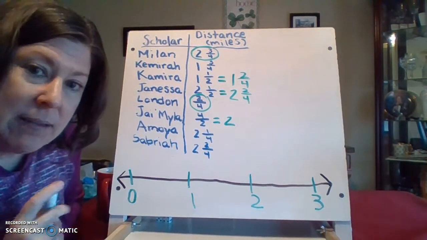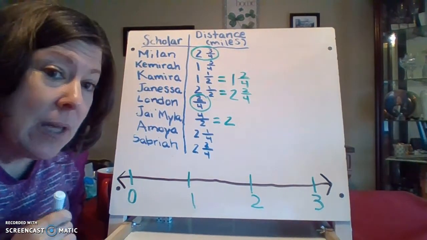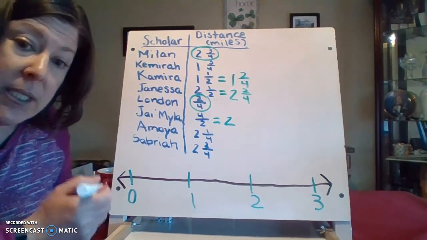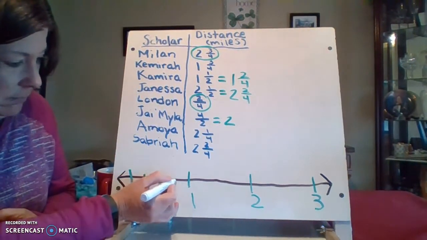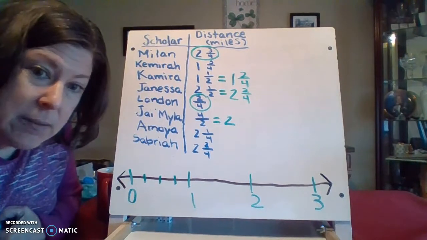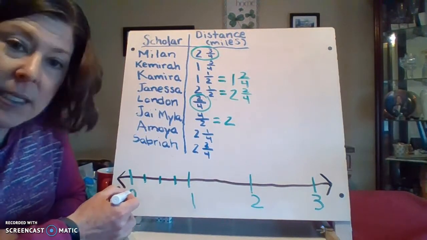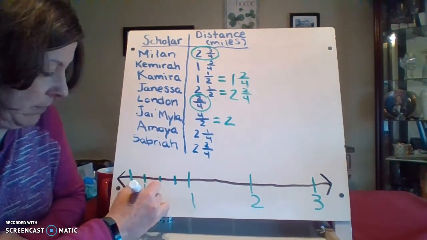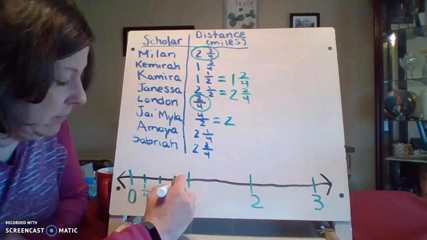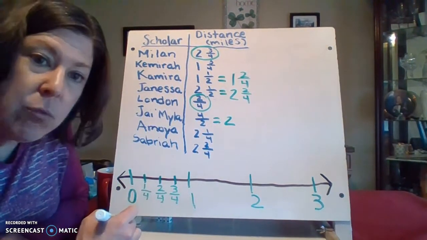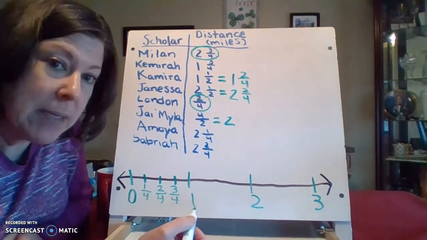Now I look at my units again, and I have fourths. So now I have to decompose my number line into fourths. That means in between 0 and 1, I need fourths. And there are my 4 parts. Labeling 0, there's 1/4, 2/4, 3/4. In between 1 and 2 and 3, I have to do the same exact thing.